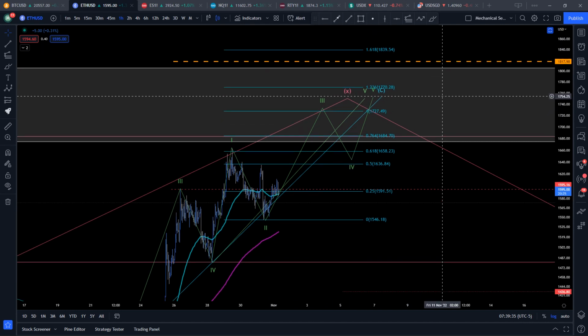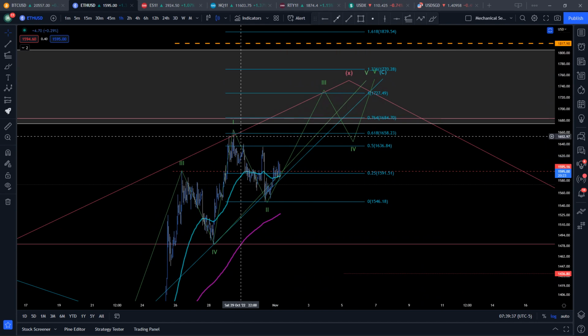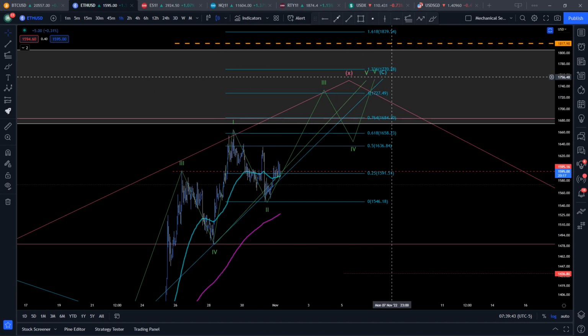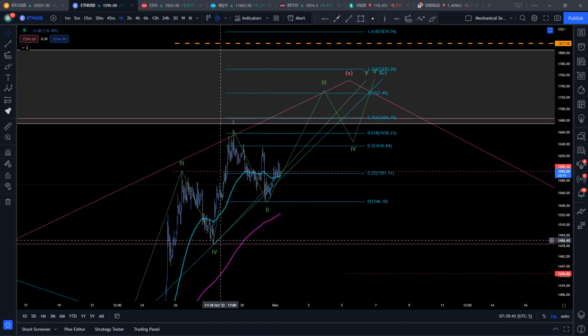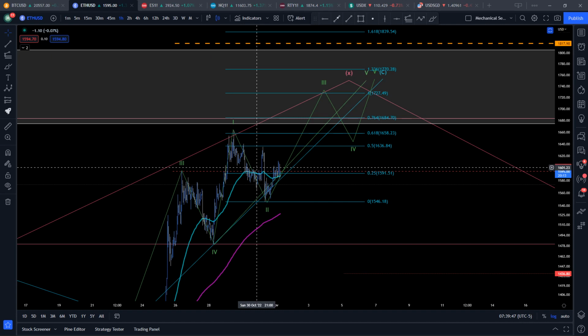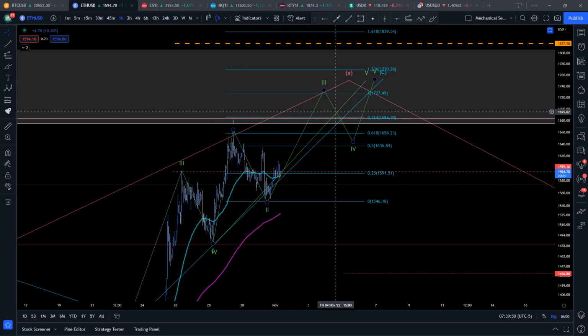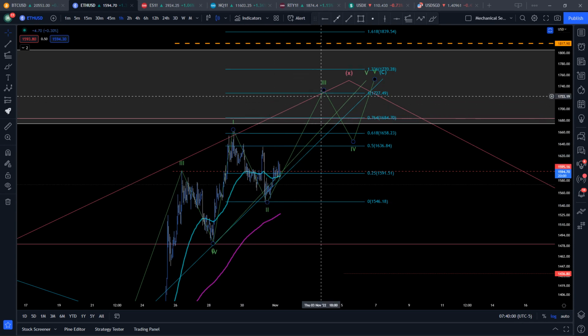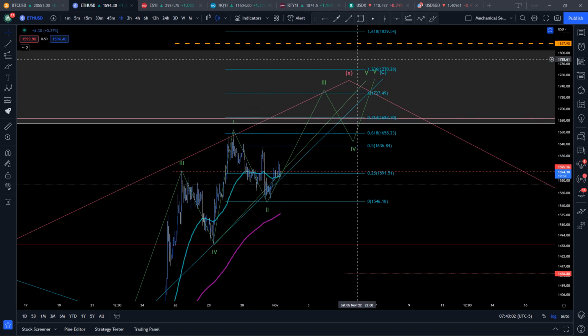So our saving grace is that this becomes corrective, and it's an ABC for the 5th wave, which is possible. Our saving grace is that the C leg of the ABC is impulsive, and the 618 ends down in here.